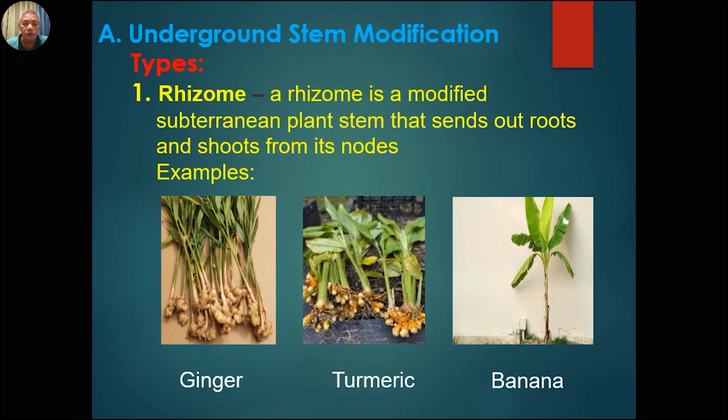Now, what are the different types of underground stem modification? Number one is rhizome. A rhizome is a modified subterranean plant stem that sends out roots and shoots from its base or from its nodes. We have ginger, turmeric, and banana.